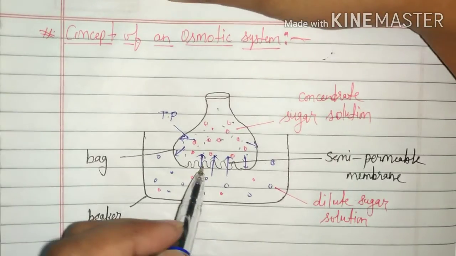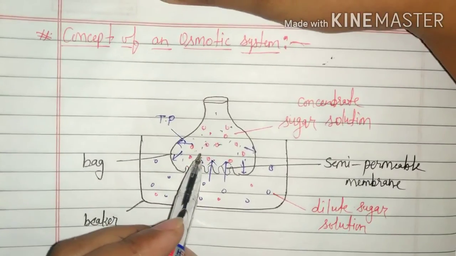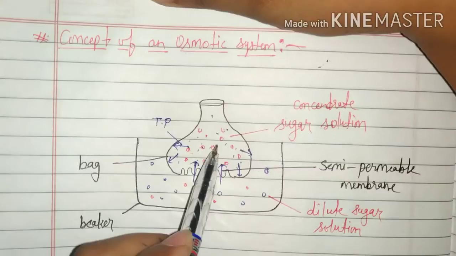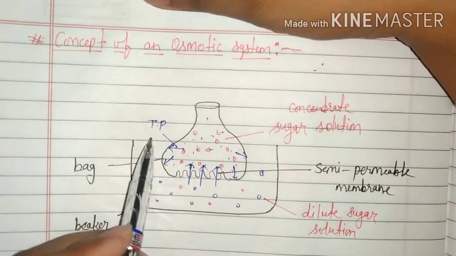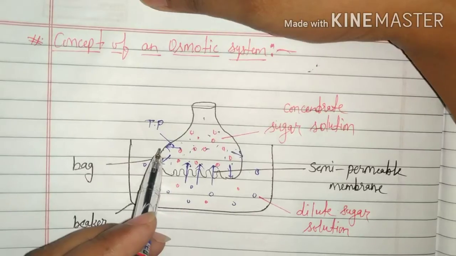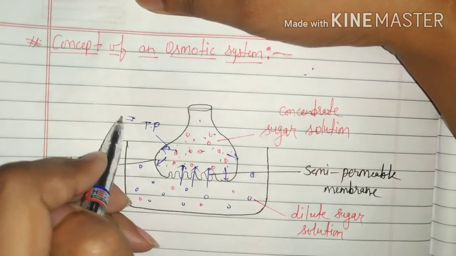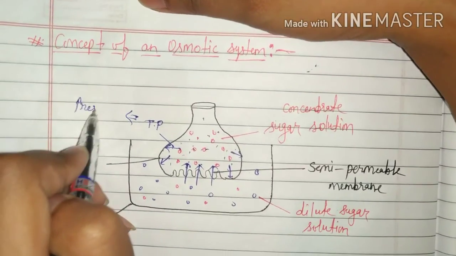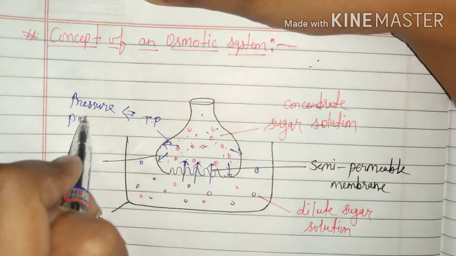The solution contents develop a pressure on the wall of the bag, which is called turgor pressure. The effect of turgor pressure on water potential is called pressure potential, psi P.